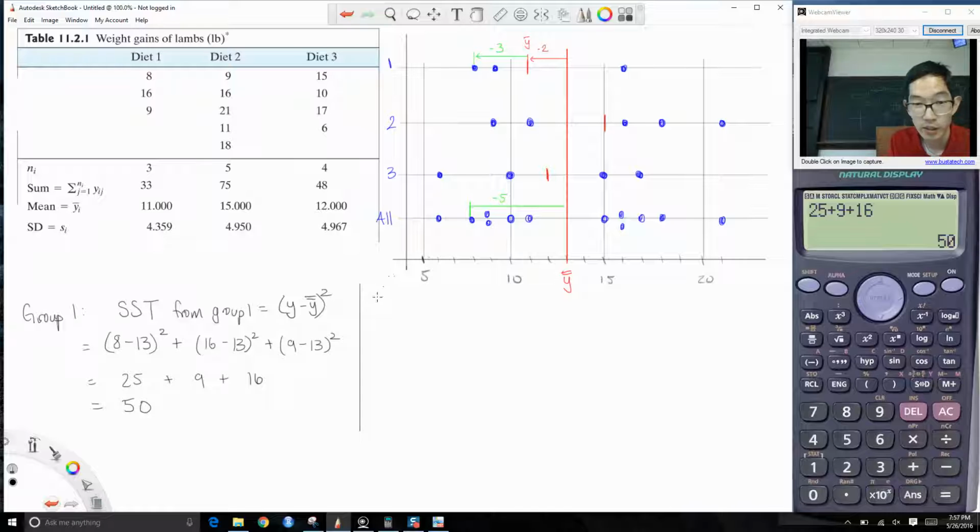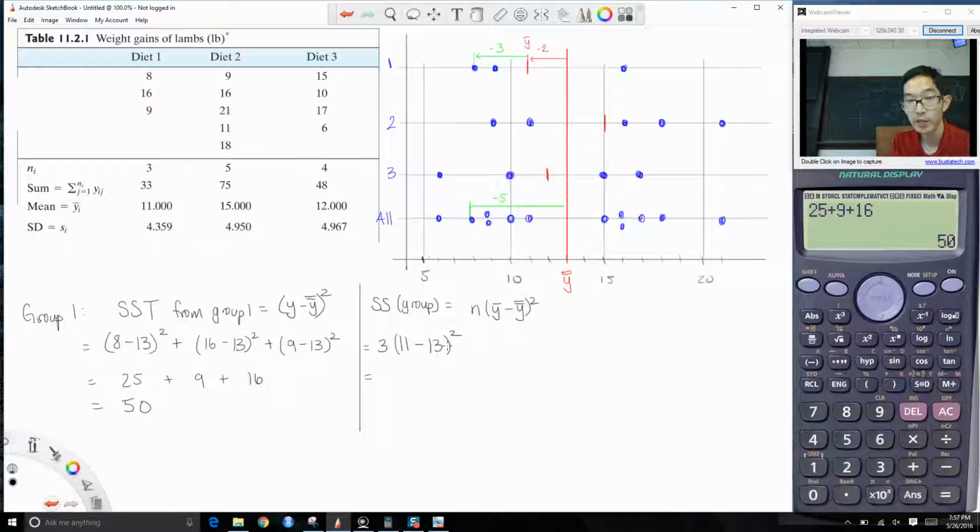All right, so let's look at the sum of squares from the group, which is n times the group mean minus the grand mean squared. Okay, so the group mean is 11, and we subtract off the grand mean of 13, and we would square this, and we have 3 data points there.